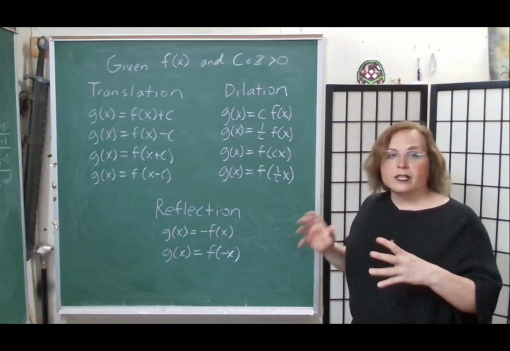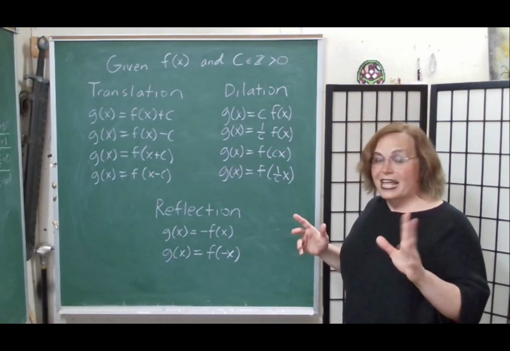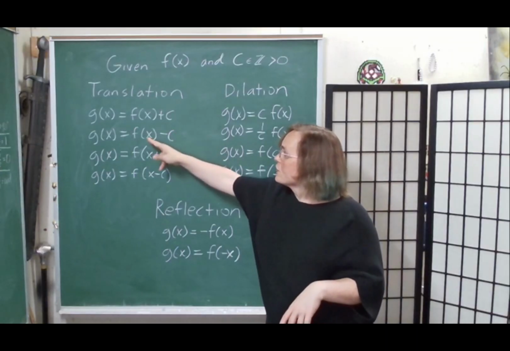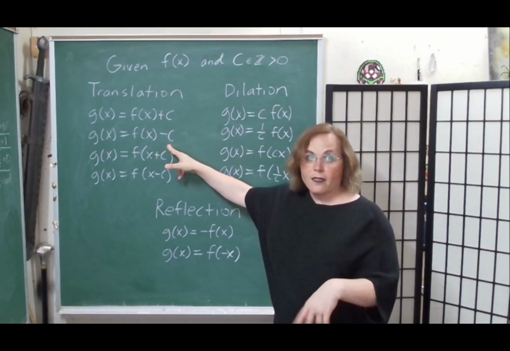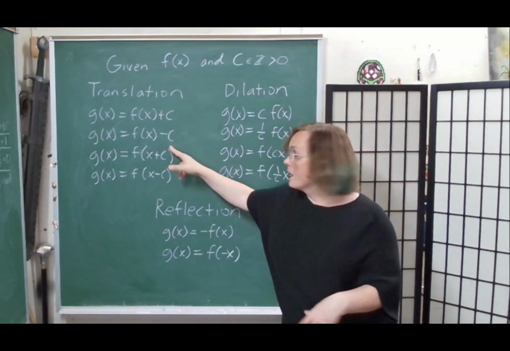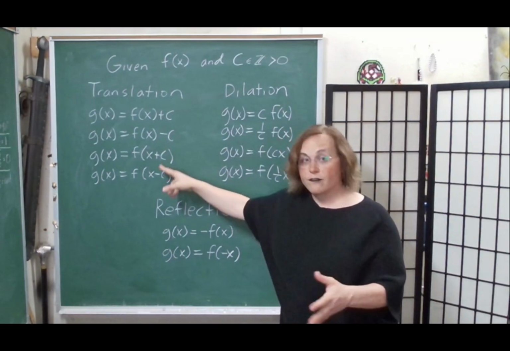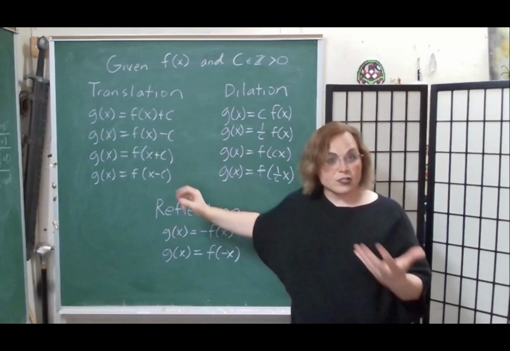Now, a really good guide, and a thing I hope you'll notice, is that if we do the operation outside the function, then it's going to be a vertical change. If we do the operation inside the function, it's going to be a horizontal change.